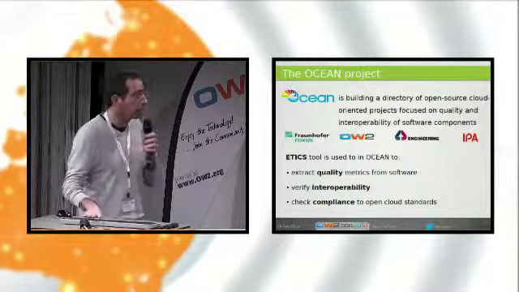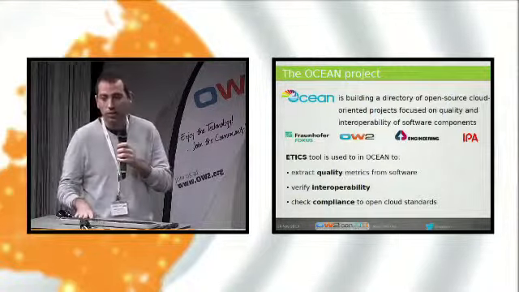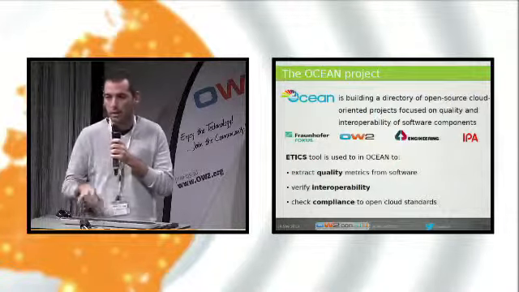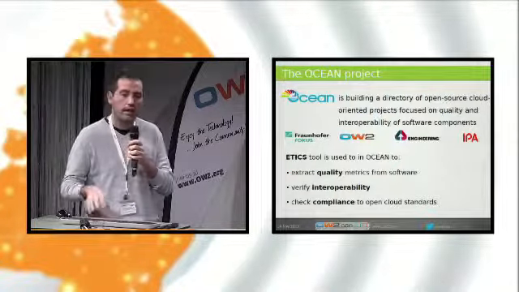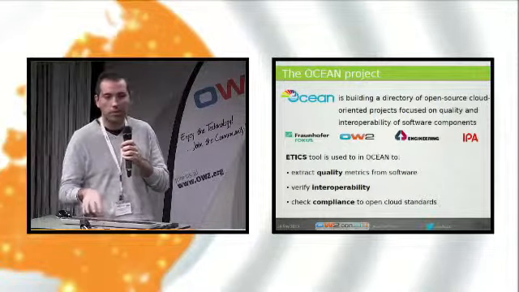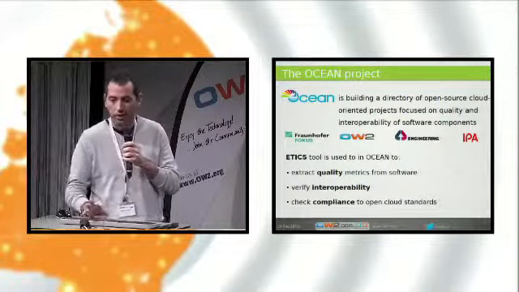For that, we are using the ETICS tool to extract directly from the source code part of the metrics that we publish in the directory, and, as we will see in this presentation in particular, to support interoperability testing of the components.